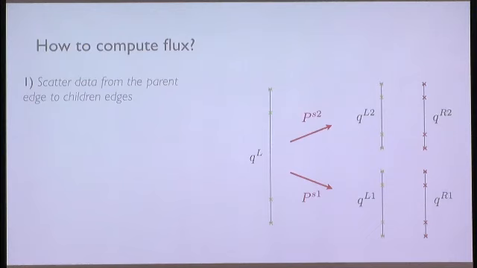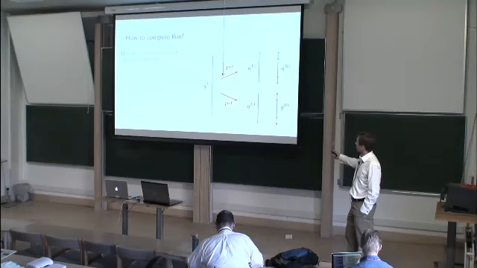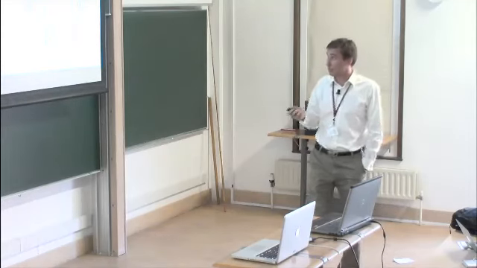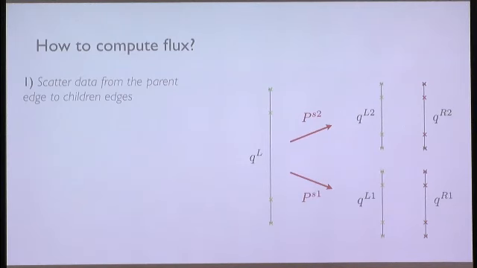What we want to do is to project this QL onto those elements, to have a representation of QL on both children edges. For that, we need to design some projection matrices, which I will get to in a second. But let's assume for now that we've got them, so we can project that easily.